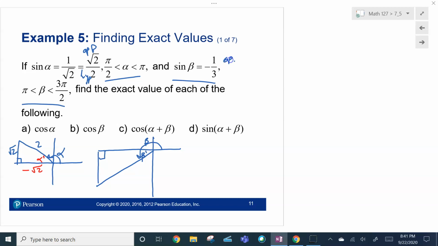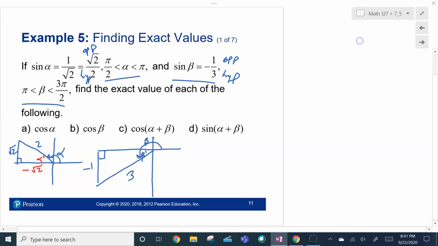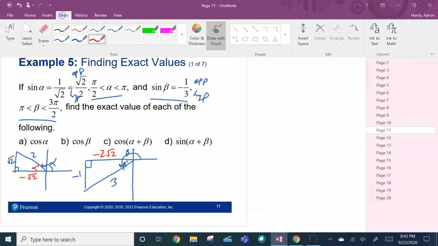Again, sine is opposite over hypotenuse, so opposite negative 1, hypotenuse 3. Go ahead and solve for your remaining side. A squared plus b squared equals c squared. We got plus or minus root 8, or 2 root 2. Now it's got to be negative 2 root 2 because your cosine is negative in the third quadrant.